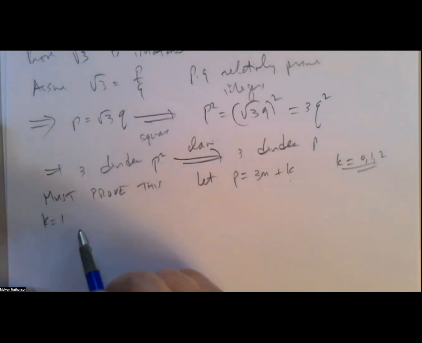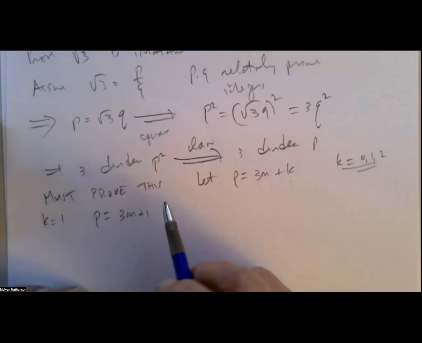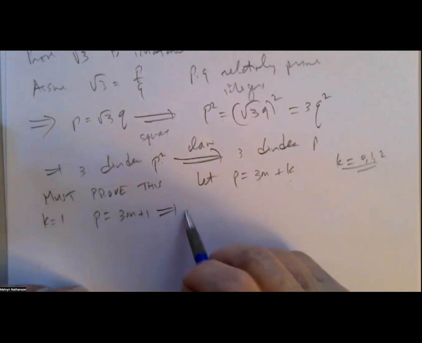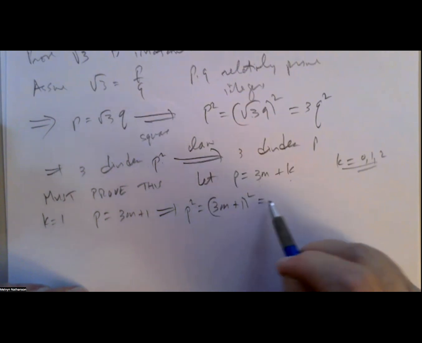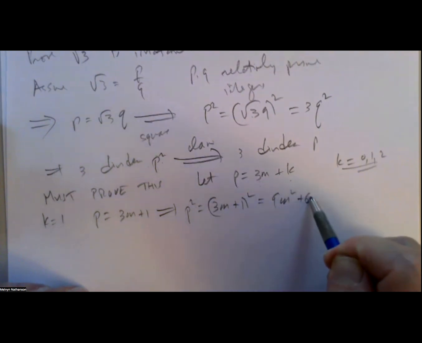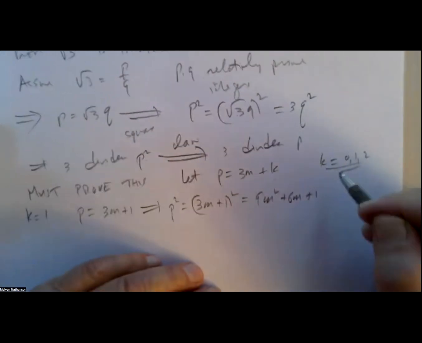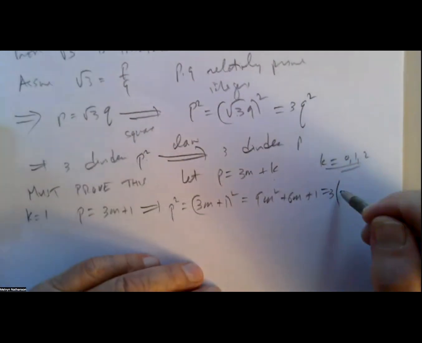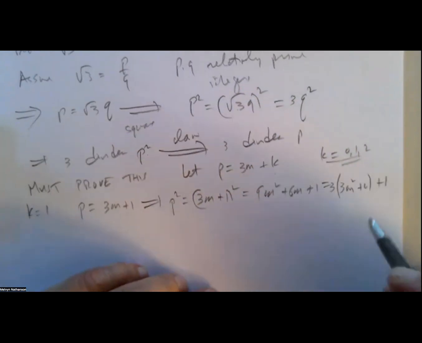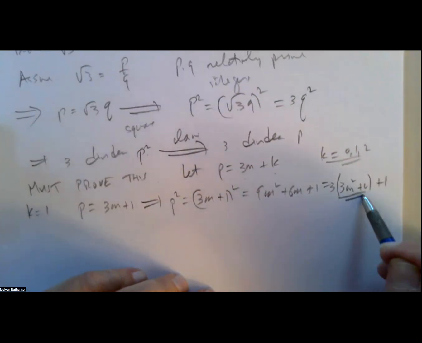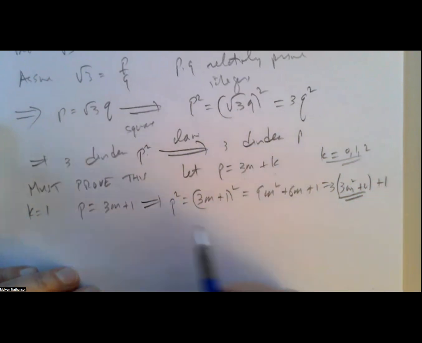So there are 3 cases. Suppose k is equal to 1. That means p is 3m plus 1, which means p squared is (3m plus 1) squared. That's 9m squared plus 6m plus 1. That's 3 times (3m squared plus 2m) plus 1.